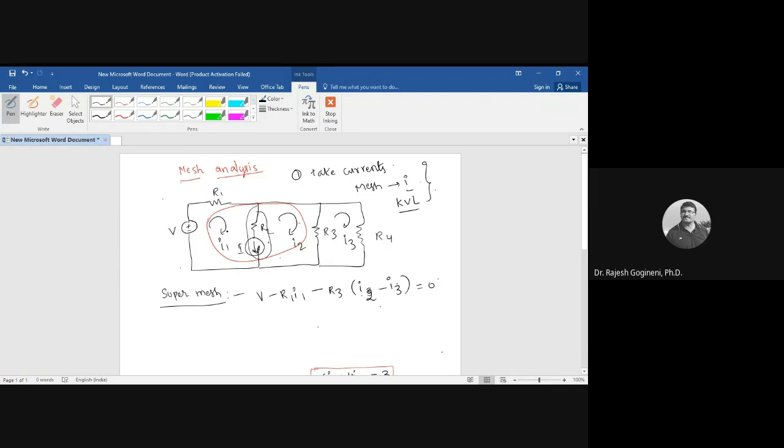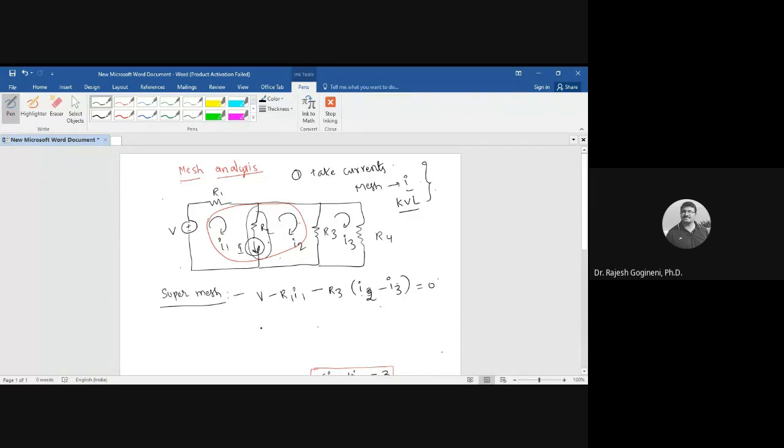First assign the currents for each loop. After that, make a super mesh wherever the current source is present. Now write the equation: V equals R1 I1 plus R3 into I2 minus I3. This is the KVL for the super mesh.